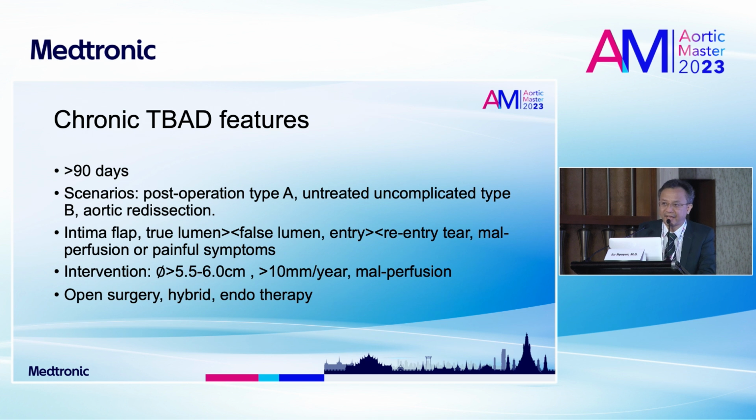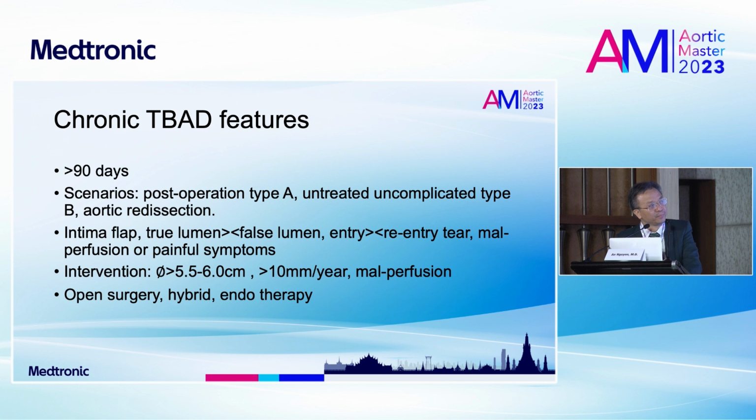For chronic type B dissection, there are some features different from the acute. It can present in one of 3 scenarios. Mostly it is a post-operation type A, and the residual thoracic and abdominal aorta still progresses and becomes a chronic dissection.